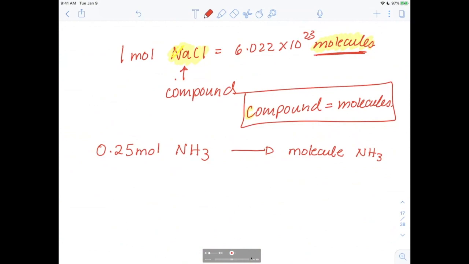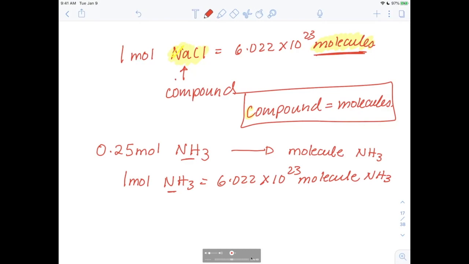I'm trying to convert to molecules. Okay. I use my Avogadro's number conversion. 1 mole, and the formula is NH3. NH3 equals 6.022 times 10 power 23. This is a compound. I have to use the word molecules of NH3. Okay?